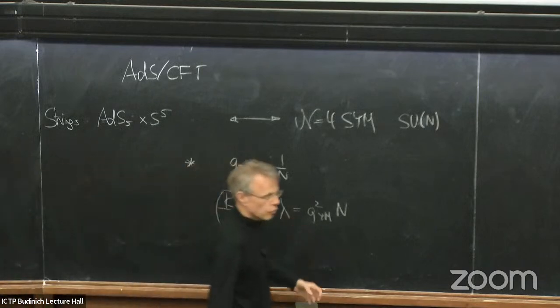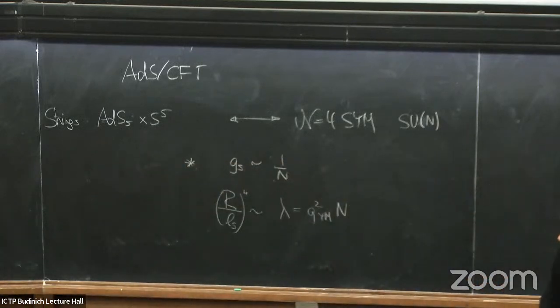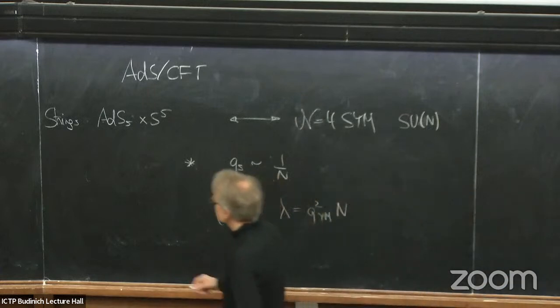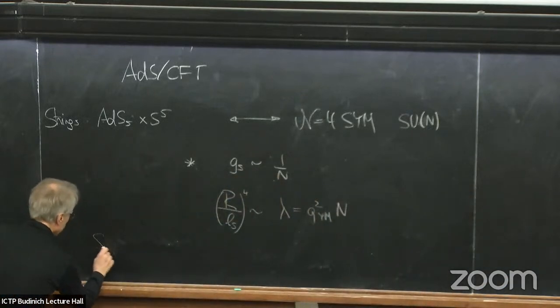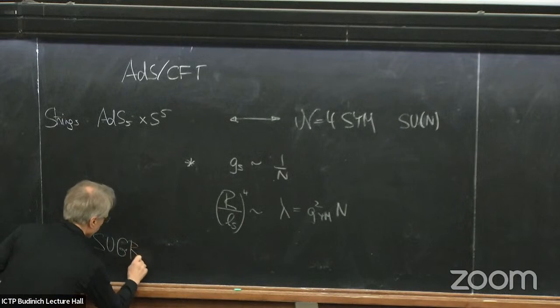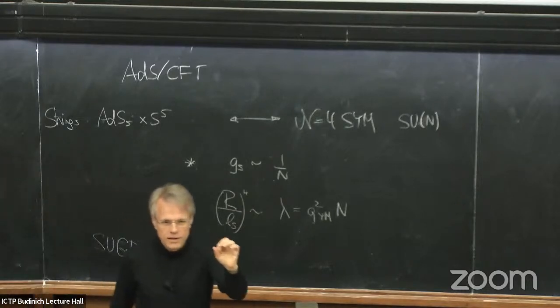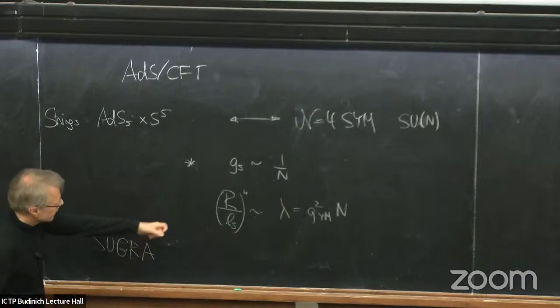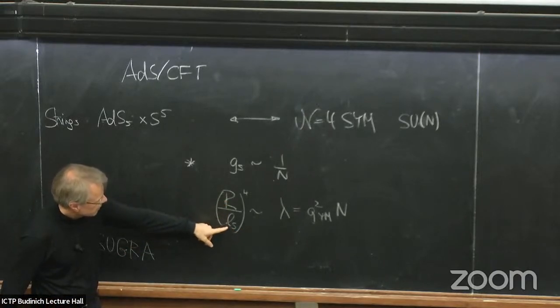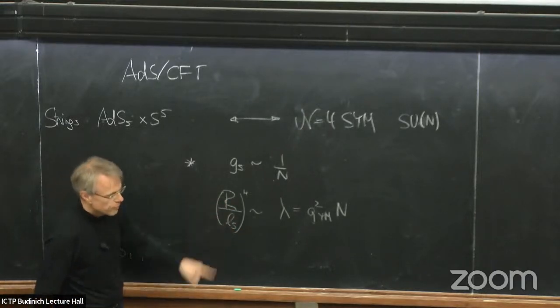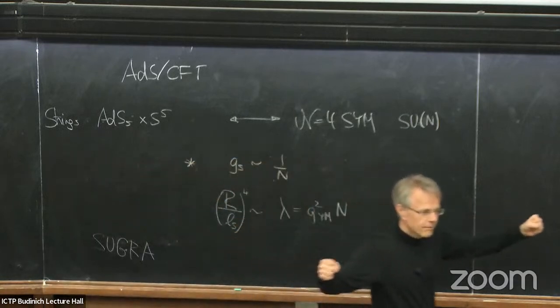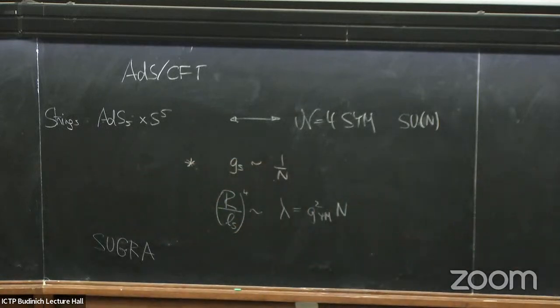So what does this tell you? If you want to be in the world of supergravity, what does that look like? It means the string is very, very small, so you can approximate it by a point particle, by the graviton. This means the space in which it propagates is much, much bigger than the typical size of the string.